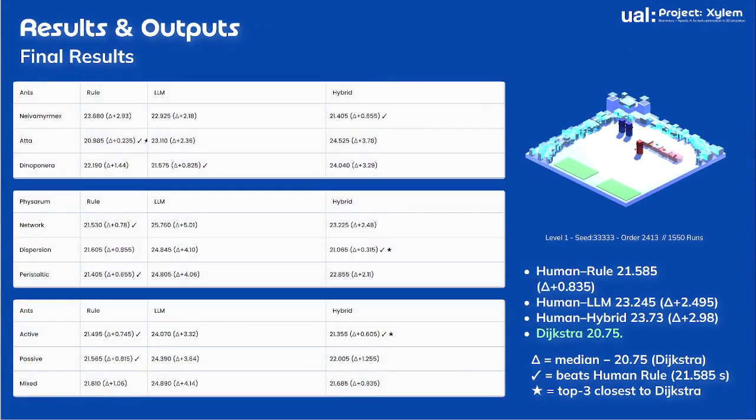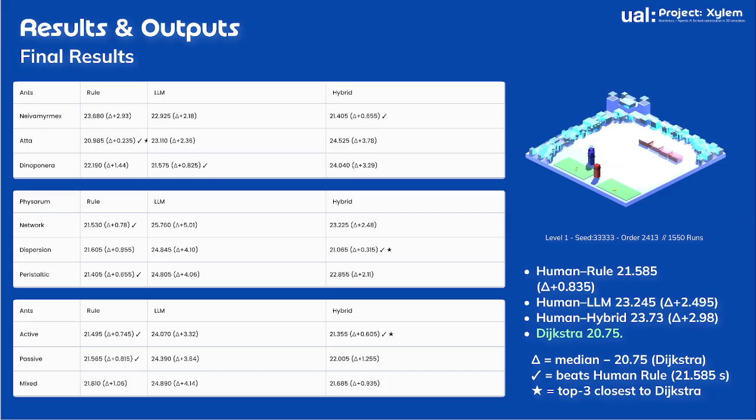So based on this, the results and outputs, the top median versus the Dijkstra is 20.75 seconds. We have the closest one, which was the ants rule Atta, really close to Dijkstra, just 0.2 seconds later.